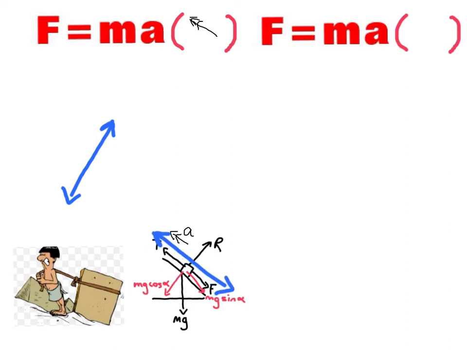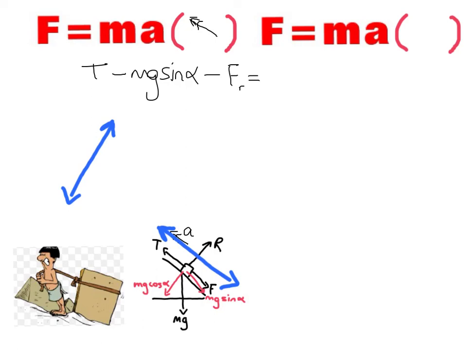So what have we got going on under there? Well, going up we've got T, that's the only positive thing. Then negative in the opposite direction, we've got mg sine alpha, and we've got F for friction, so maybe I'll put Fr, and that will equal the mass of the block times the acceleration. That's one of our equations.